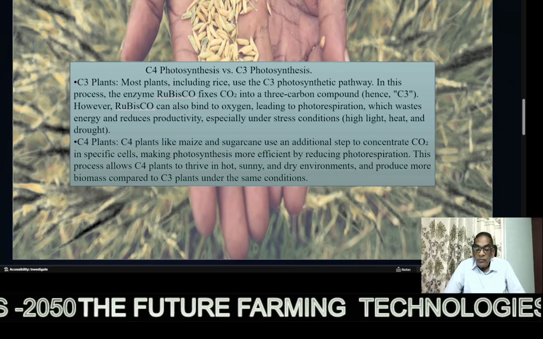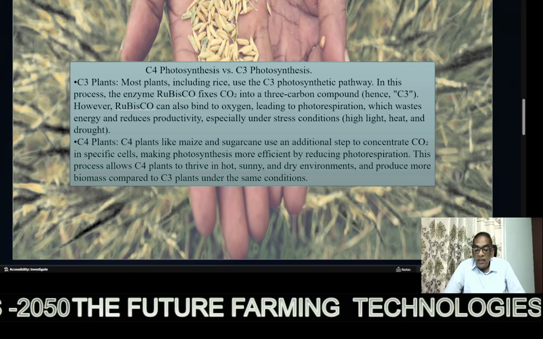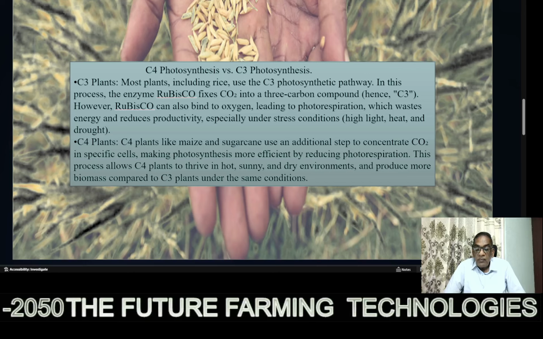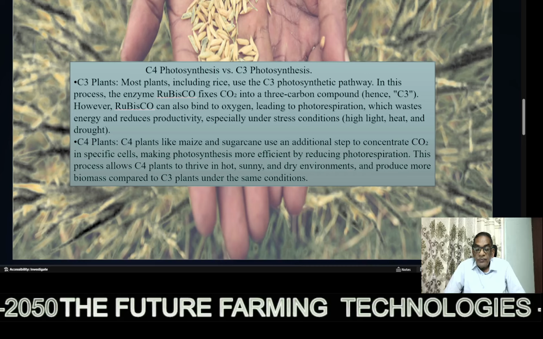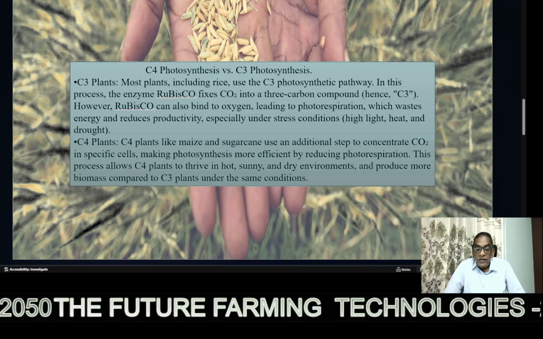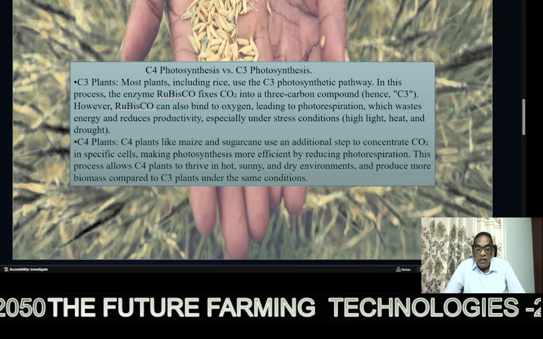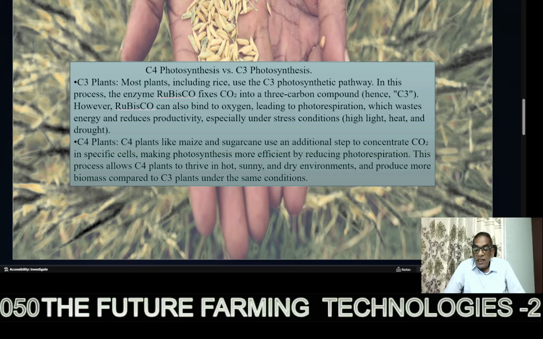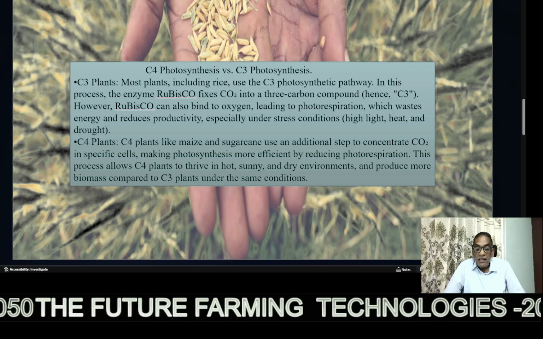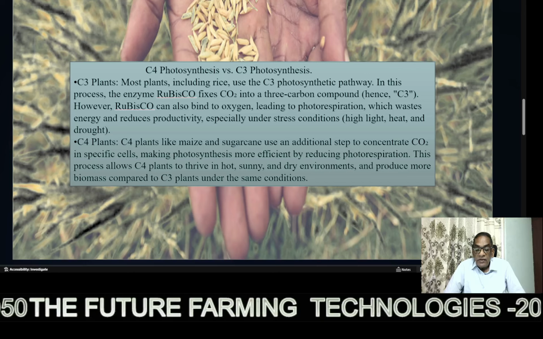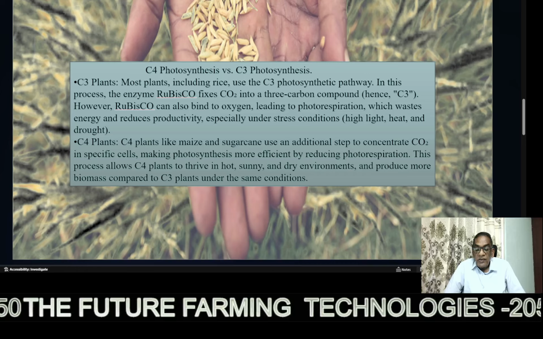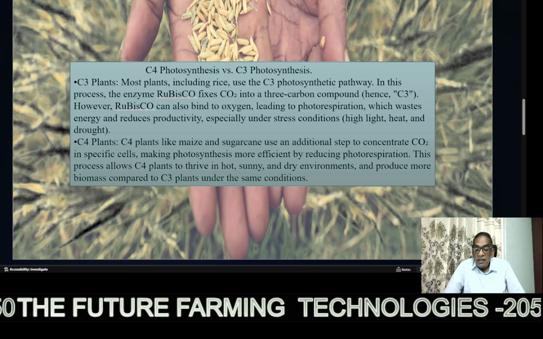In this pathway, the enzyme Rubisco fixes CO2 into 3-carbon compounds, which is why it is called C3.